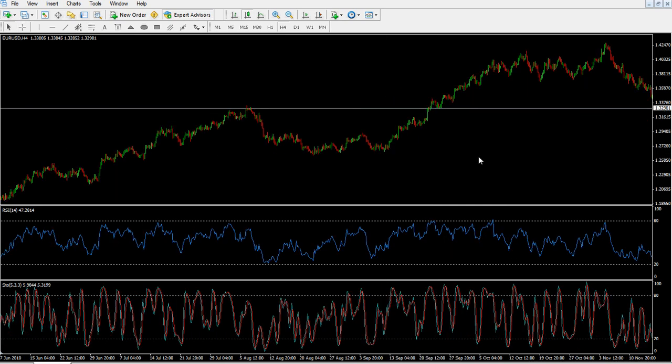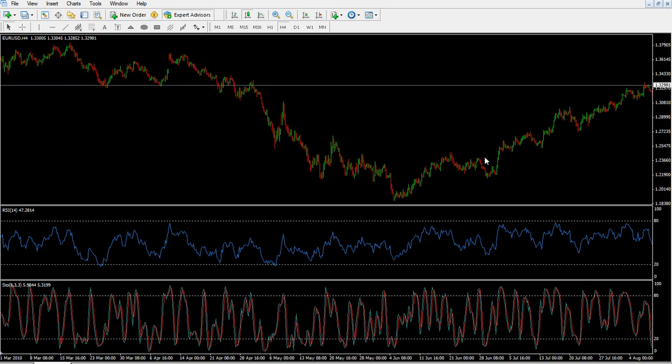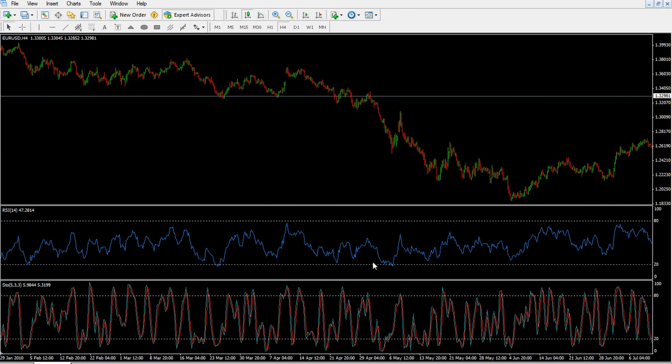On this basis we can move along the chart and look for those points where we have this kind of signal, when the RSI is crossing or meeting the 20 line, for example, or 80, like those moments here.